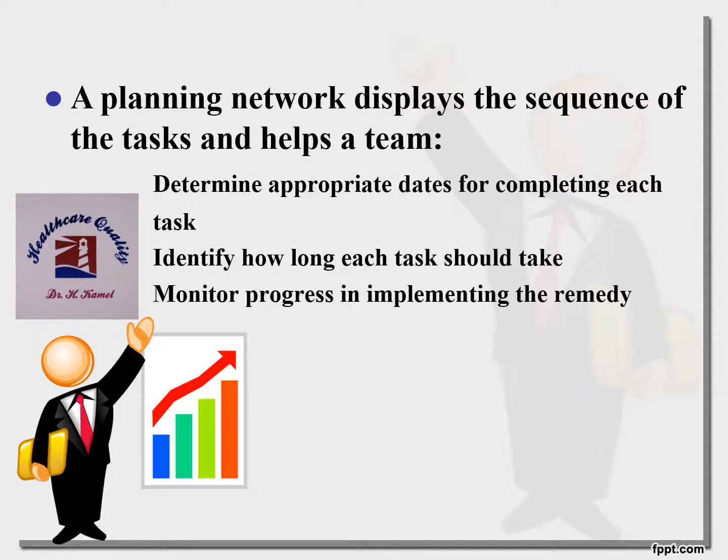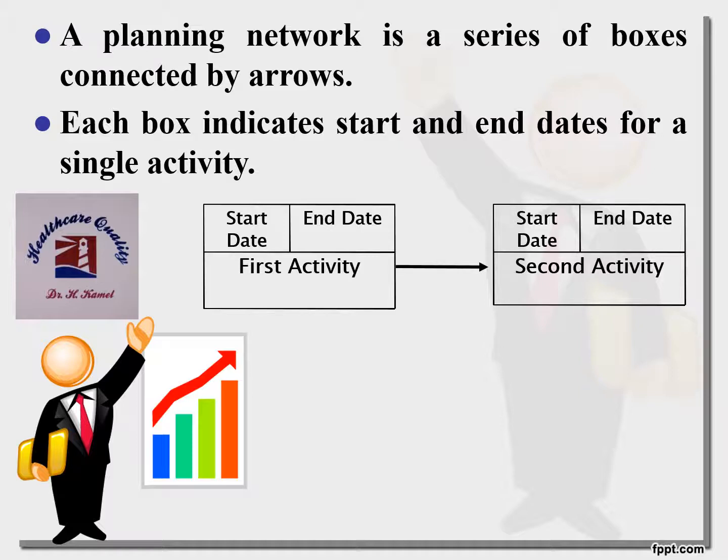A planning network, on the other hand, displays the sequence of the tasks and helps a team determine appropriate dates for completing each task, identify how long each task should take, and monitor progress in implementing the remedy. The planning network is a series of boxes connected by arrows.